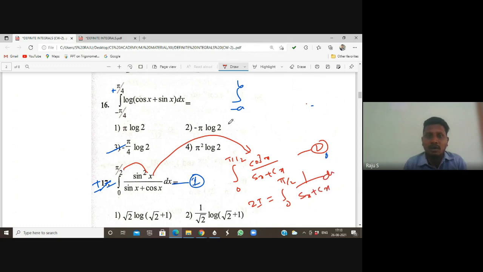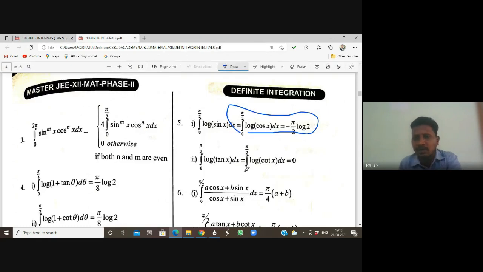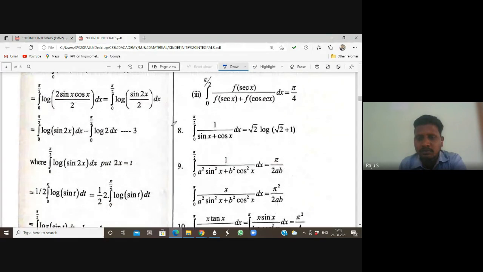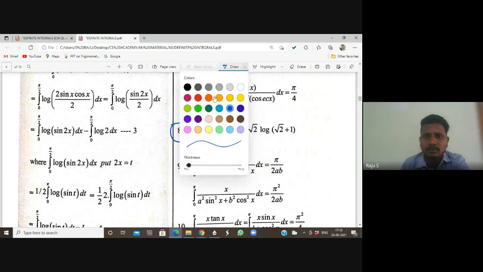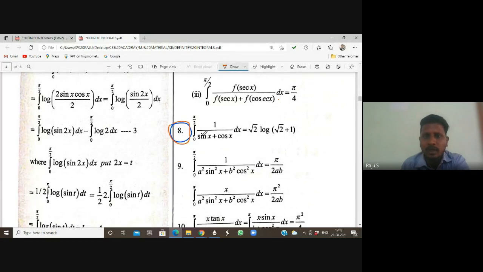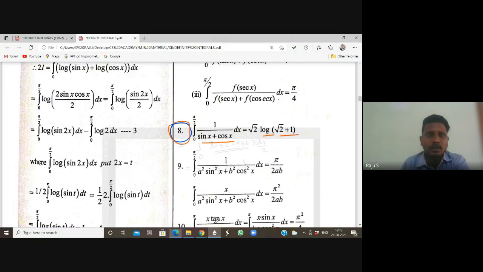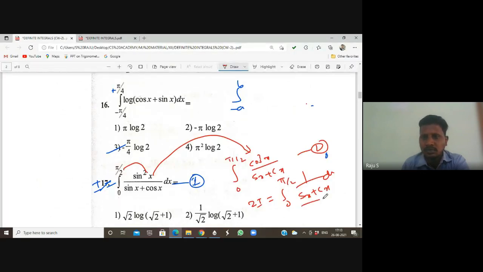This value is already there. What about this value, 0 to pi by 2? Yeah, the integral 0 to pi by 2 of 1 by sin x plus cos x is 1 by root 2 times log of root 2 plus 1. So can I substitute here directly? Yes. So 2I is equal to the value, log root 2 plus 1.